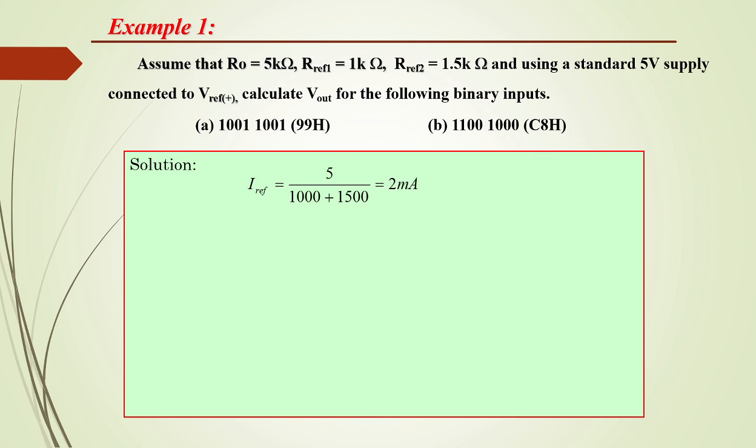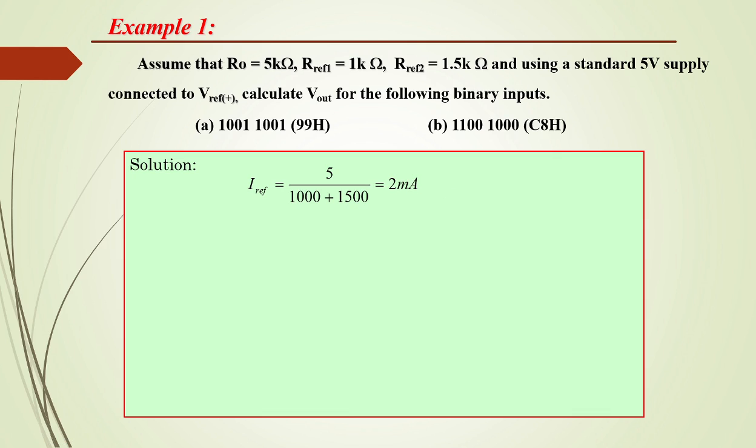Again, I equals V by R. I reference equals the input voltage divided by the total reference resistance connected to the DAC. Two reference resistors are used, 1 kilo ohm and 1.5 kilo ohm, and the input voltage is 5 volt. So I reference equals 5 volt divided by 1000 ohm plus 1500 ohm, and we get I reference equal to 2 milliampere.